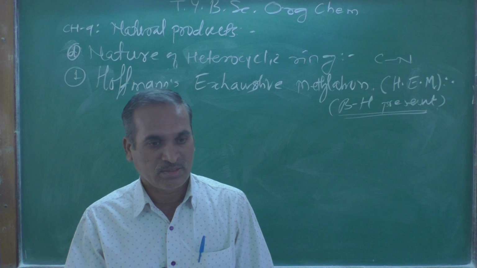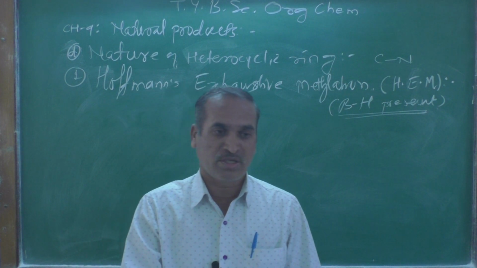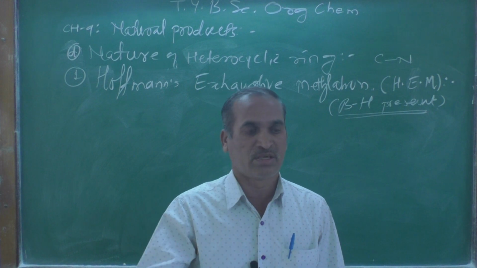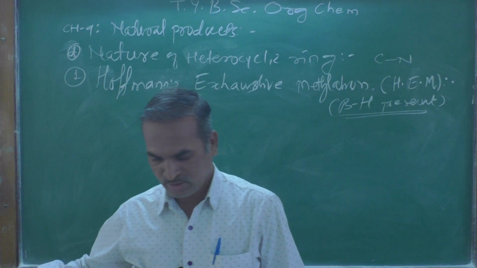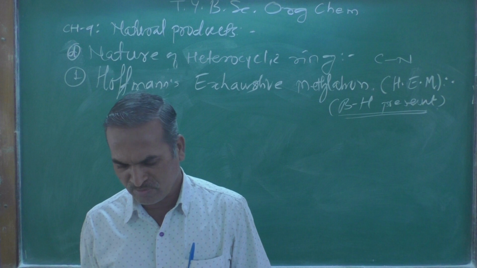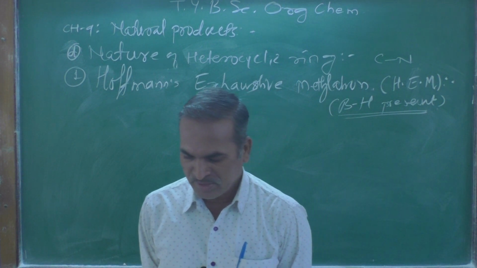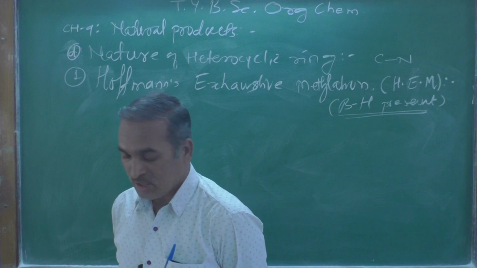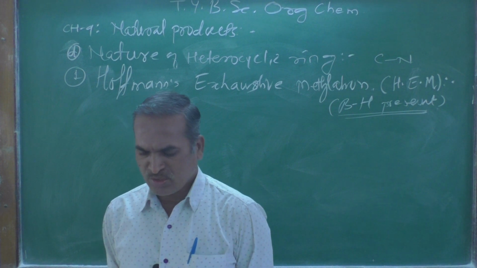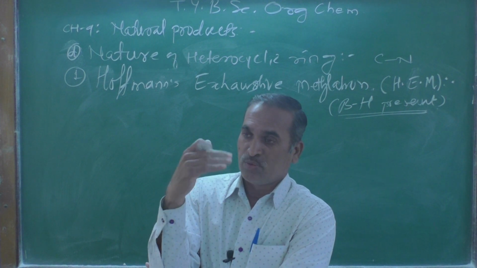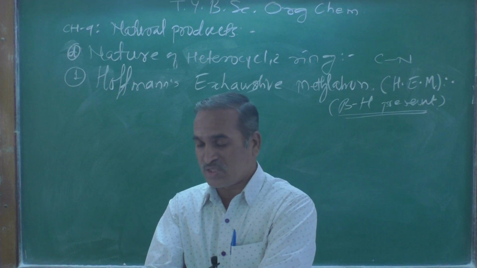Otherwise, if a beta hydrogen atom is not present, this method does not work. Remember, note down, this point is very important. Now, starting with the saturated compound, we converted it into an unsaturated one.